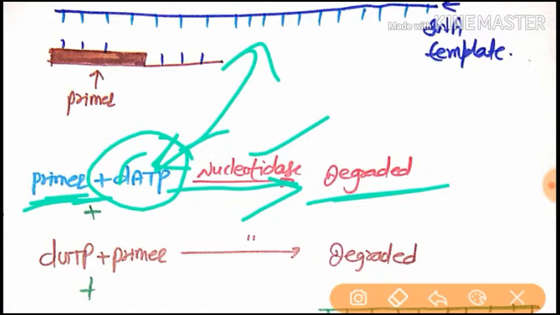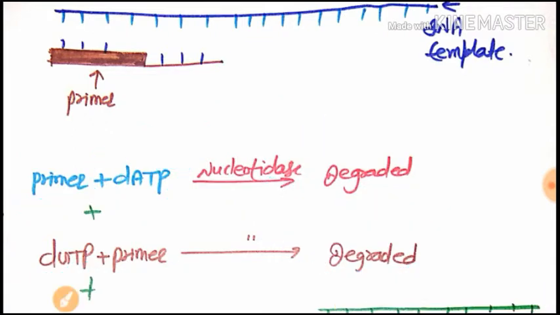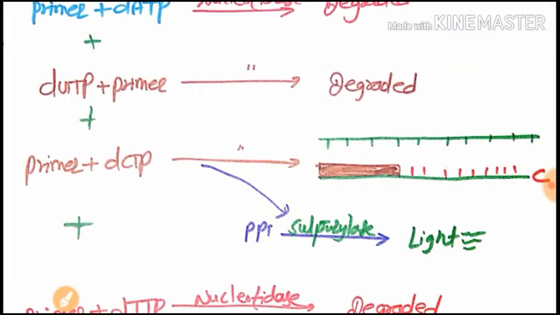Similarly, dGTP will be added with primer, and if it is also not added on our newly synthesized DNA, then it is also degraded. But in the third step, as you can see, primer is attaching with dCTP.